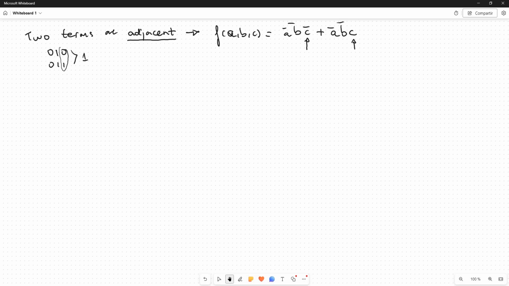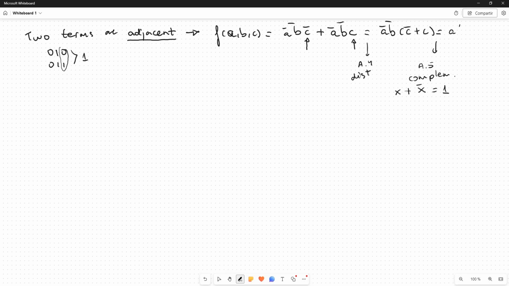If we have terms that are adjacent, we can do the following. We can apply here the distributive property, that is axiom 4, and make this. And what happens with this? We have axiom 5, the complementation theorem, that says that if we have x plus x negated, this is 1.